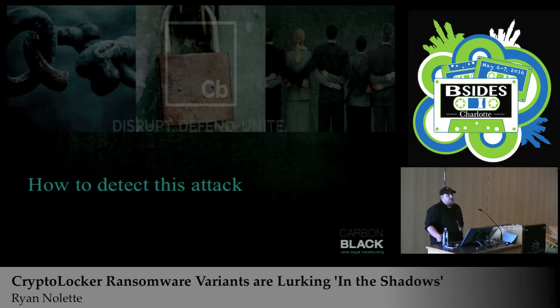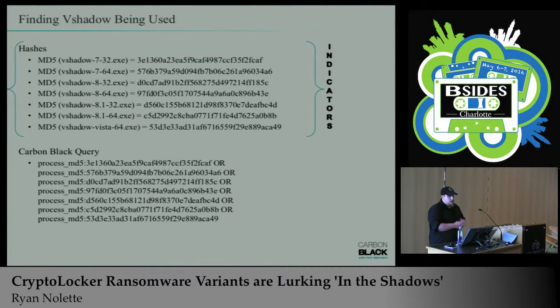So how do we detect this attack? There was a lot of information about how different files were created, different things in the file system that were changed, all these variants. So first and foremost, you have to work with what tools you have. Here, I have broken out the attack into a few different things.